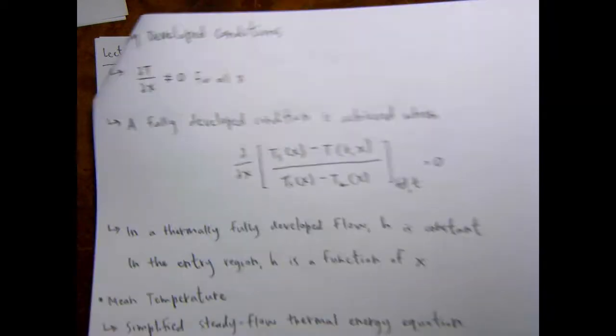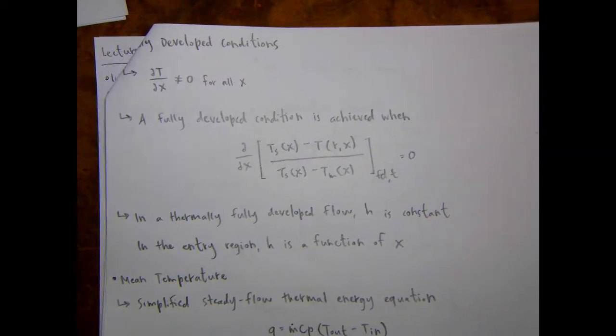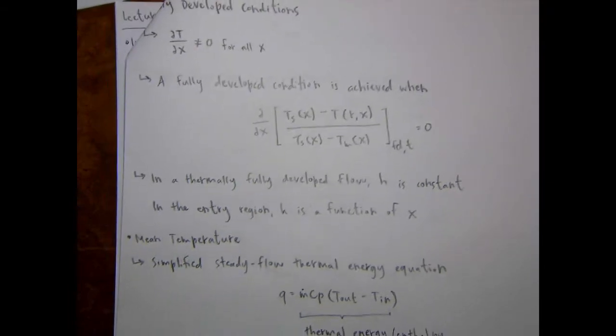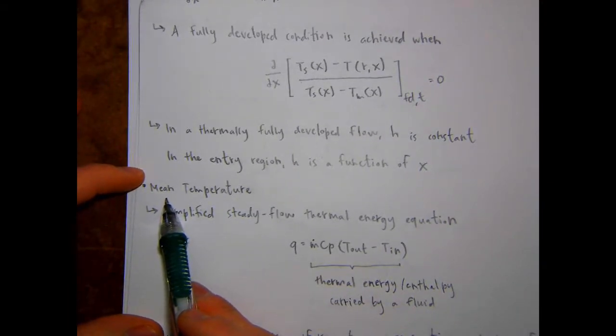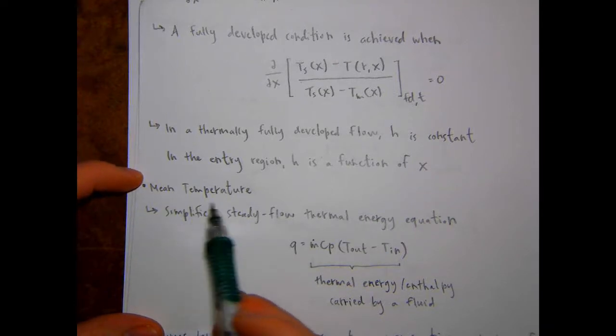We were talking about internal flow and the development of the velocity and thermal boundary layers. And we said that the thermal boundary layer, or the temperature profile, continues to develop even after the flow becomes fully developed. And so because the temperature profile continues to develop, we have to define some mean temperature, the average temperature across a cross-section, that we can use for our calculations.